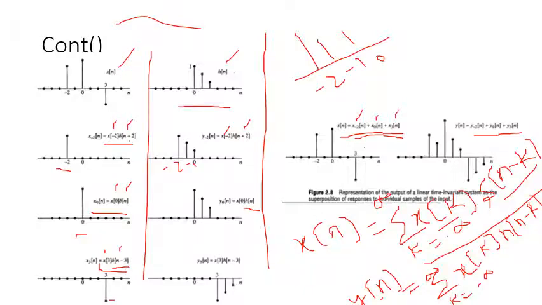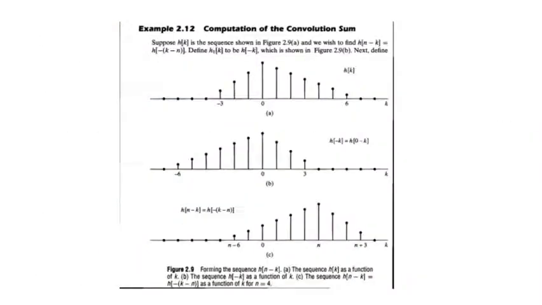So next thing is the computation of the convolution sum. Convolution is basically the formula, or the mathematical way, of computing the output of the system. In convolution, we need the response of the system, which is h of n or h of k.